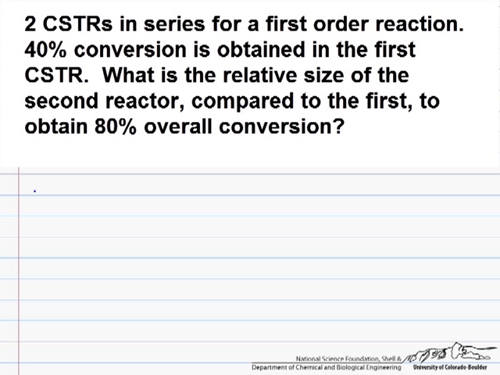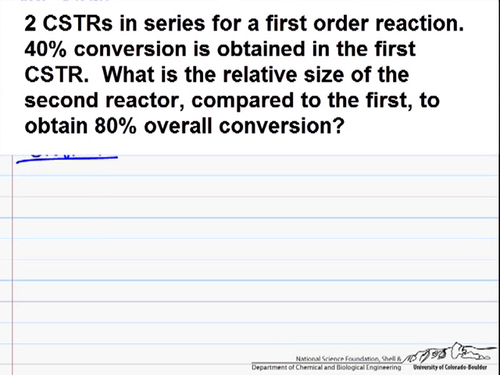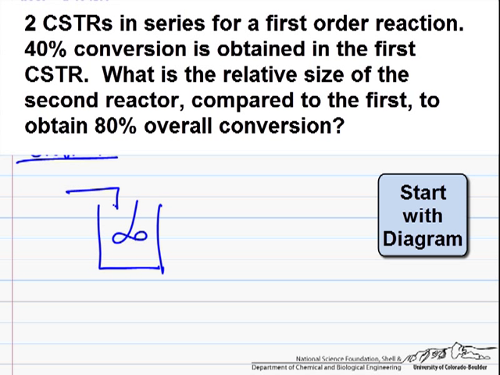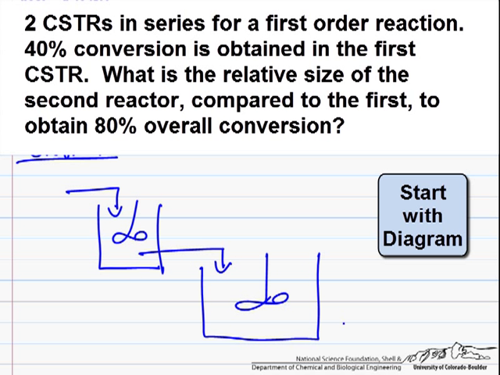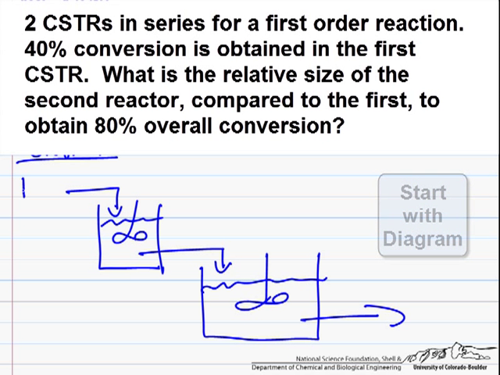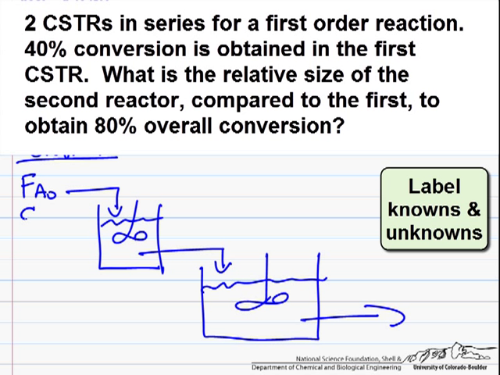If we're going to approach this problem, like most problems, it's really valuable to draw a representation of the process. It's a CSTR outlet, and we assume the second CSTR is larger. Liquid phase system. We have some flow rate coming in at a given concentration.